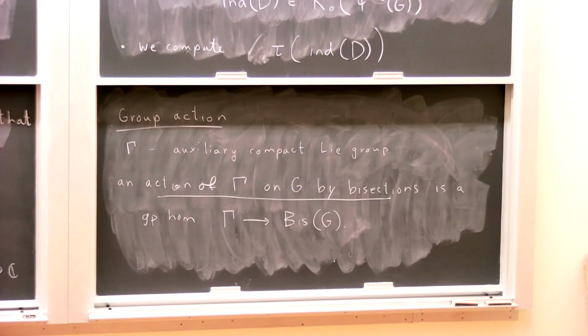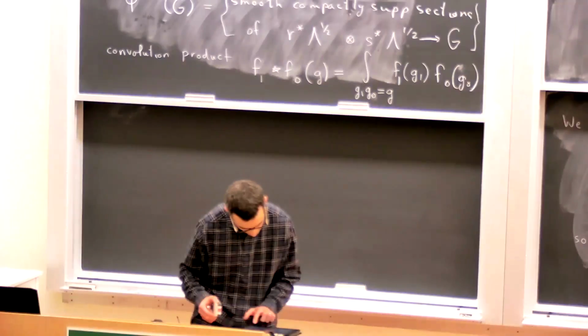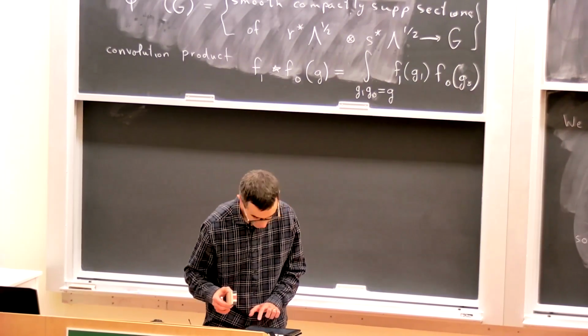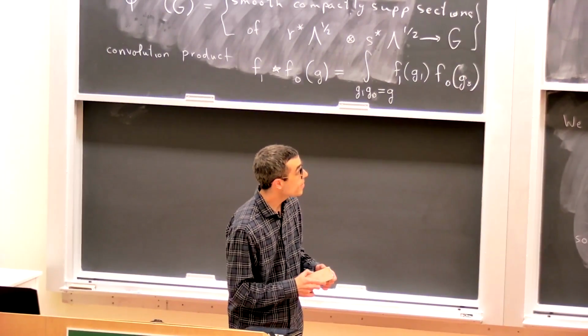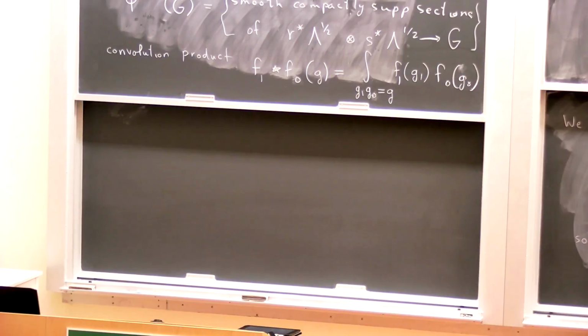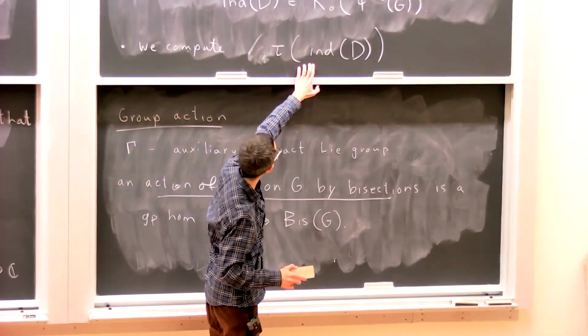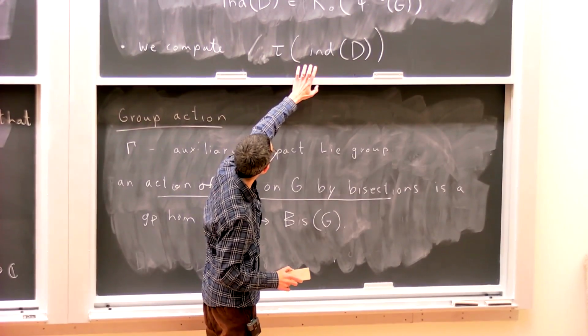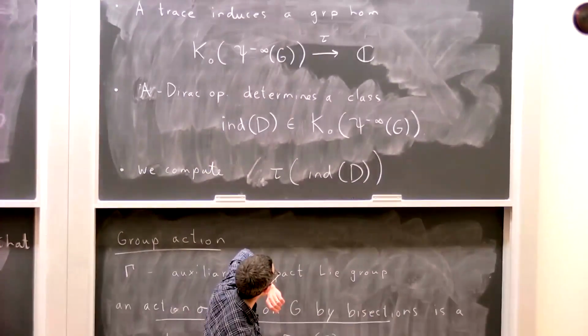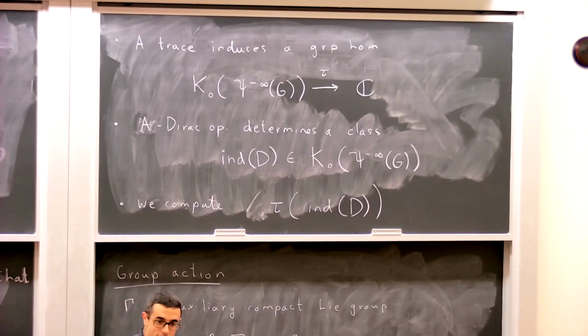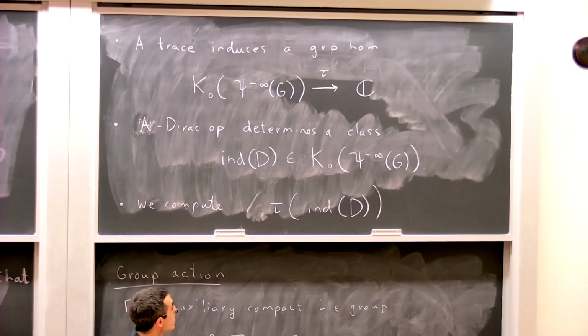I think now I was going to talk a little bit about properties of this, but I think I'll skip over that. There's an equivariant version of this that you can study, where you can twist this by a group element of gamma and get a more refined quantity.